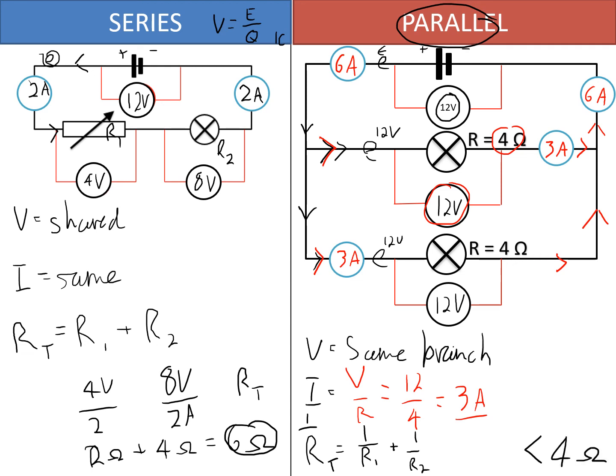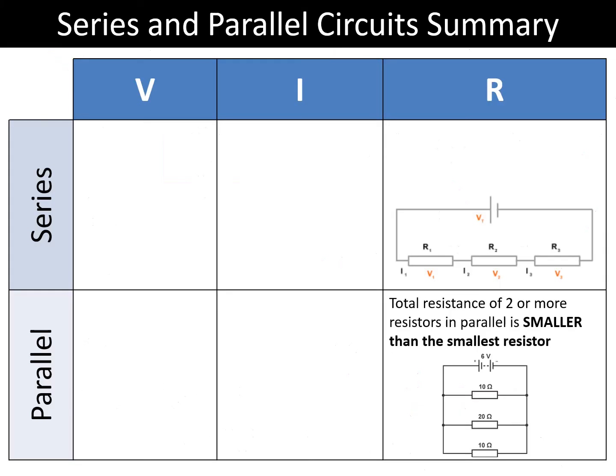Okay. So to summarize, in a series circuit, if you can remember one of these, you can remember the other ones. It's pretty straightforward. It's just reversing what's going on. So in a series circuit, the current is the same at all points in the circuit. The voltage is shared between the components of the circuit.